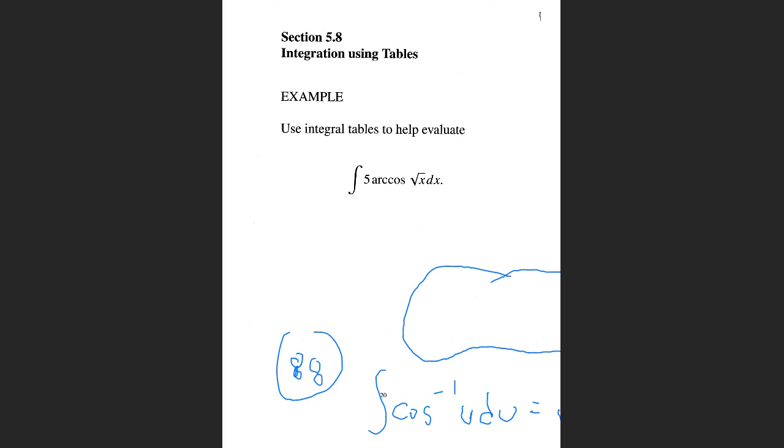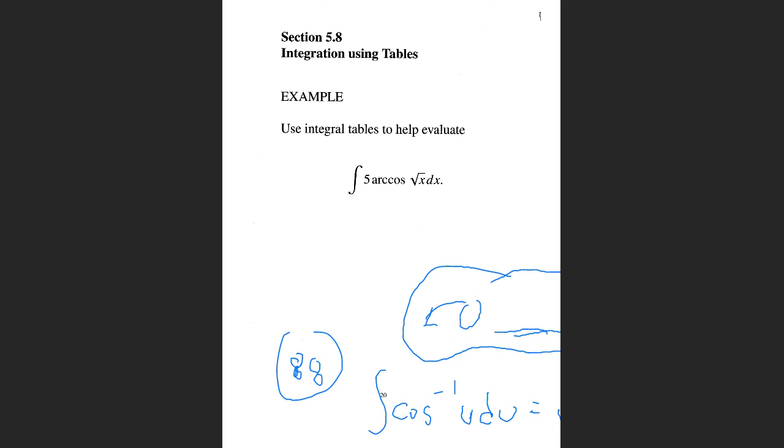And by the way, the 5, we know we can bring the 5 out front, right? But this formula, it's close, but there's a problem. There's a problem with formula 88 in regards to using that for finding the antiderivative of the arc cosine of the square root of x. What do you think the problem is?